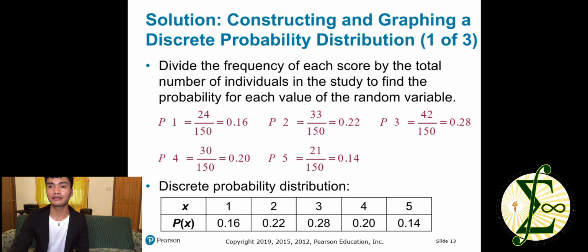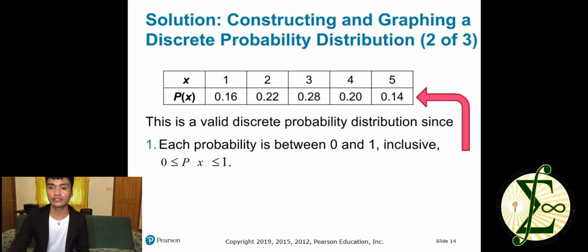Then we should check if this is a discrete probability distribution. Remember that in a discrete probability distribution, the sum of all the probabilities is 1, and each probability must be between 0 and 1 inclusive. Let's find out. This is a discrete probability distribution because each probability is between 0 and 1: 0.16, 0.22, 0.28, 0.20, and 0.14.